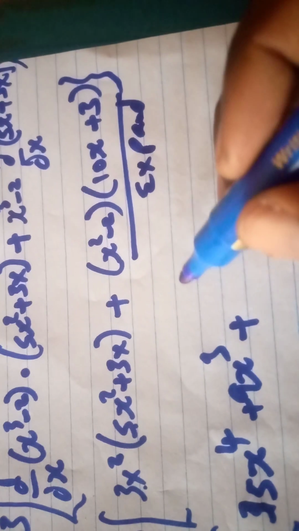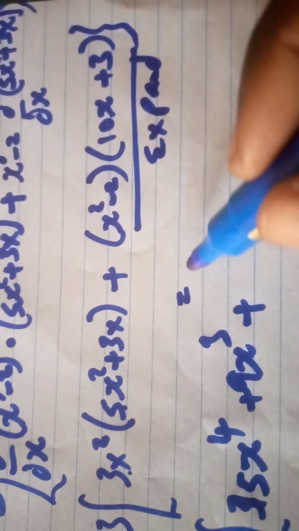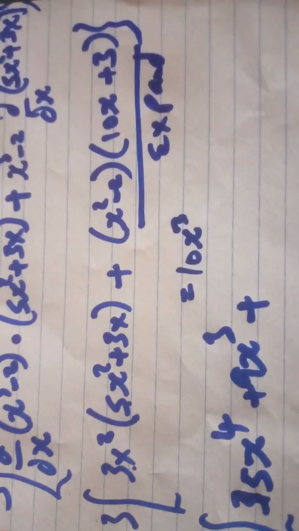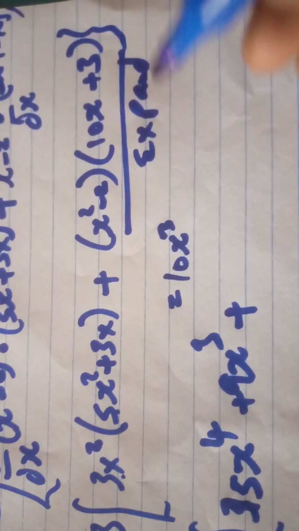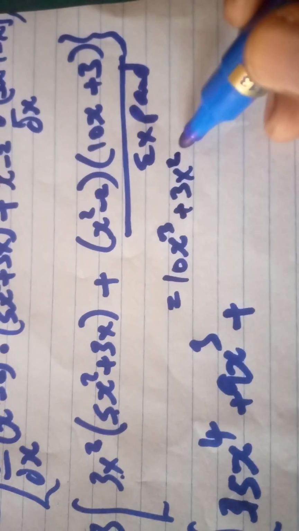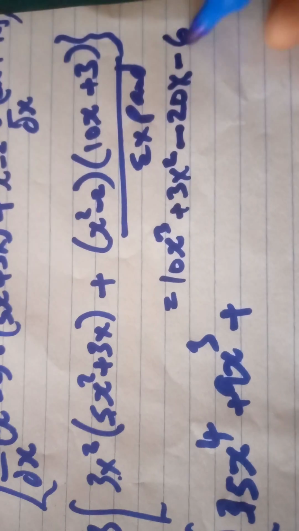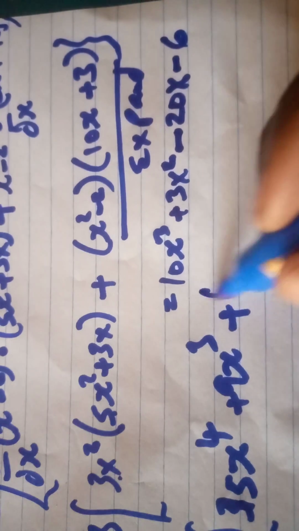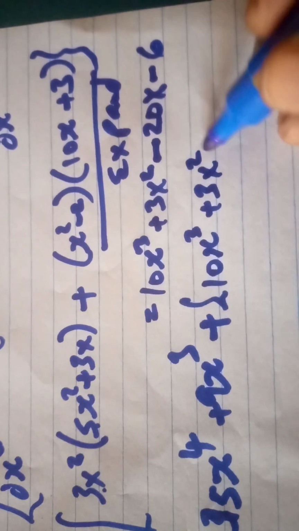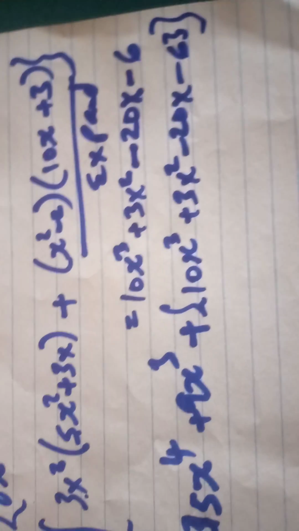If I expand here, I'm going to have 10x power 3 plus 3x squared minus 20x minus 6. So I'm going to replace that one here: 10x cubed, 3x squared, minus 20x, minus 6. Good.